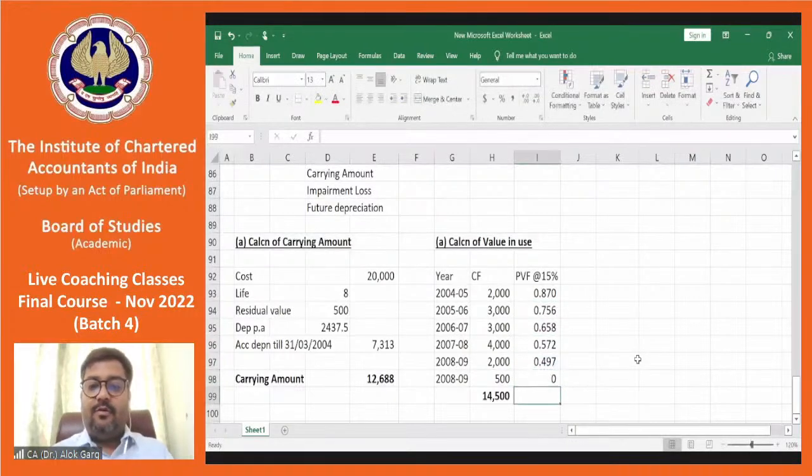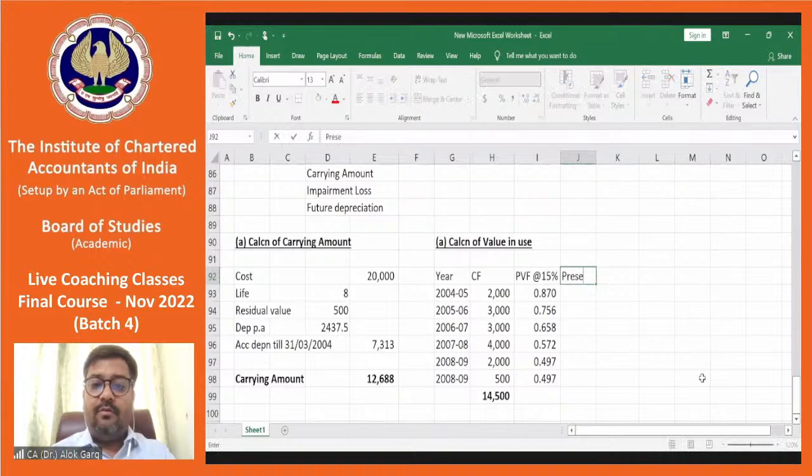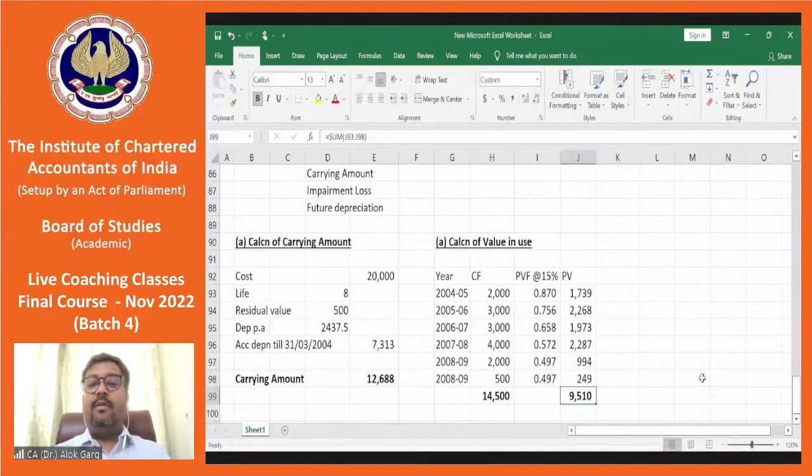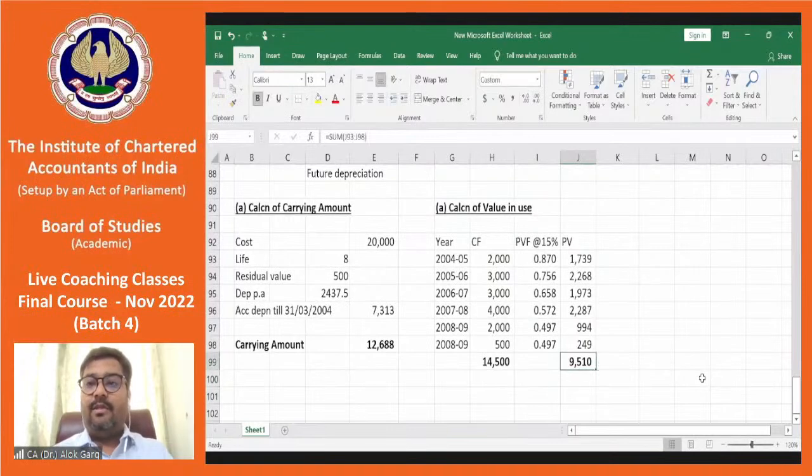The last year is also the same. So this is the discount factor, and after that it is present value. So this will be 9,510 lakhs. So we have calculated value in use.